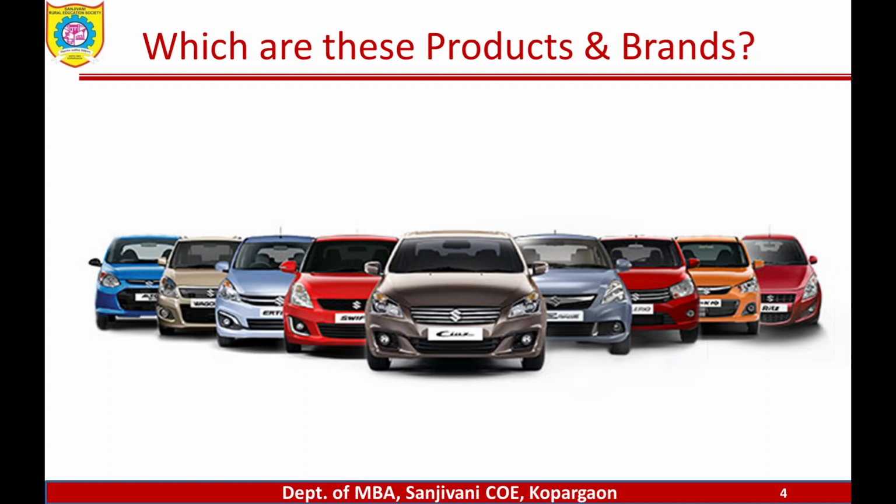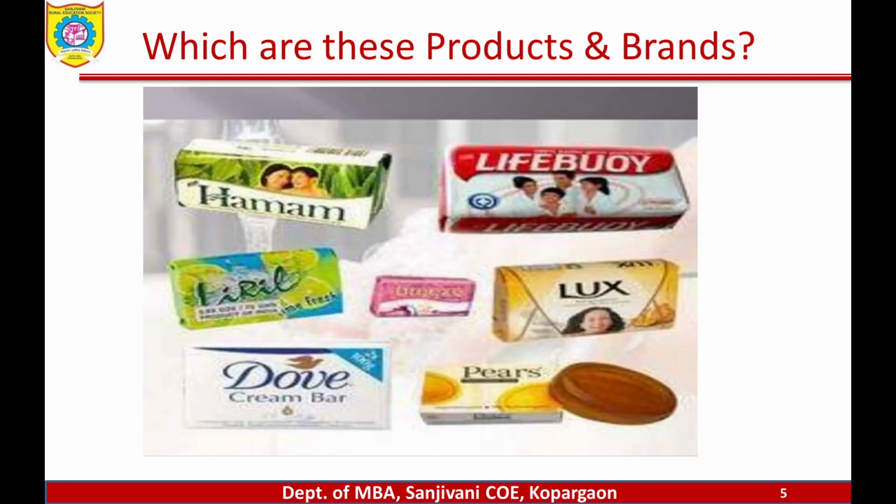You find there is Ciaz, Swift, Dzire, Ertiga, Wagon R, Alto, Brezza, and more. So why does Maruti have a range of cars from rupees 3 lakhs to maybe rupees 15 lakhs per car, with various segments, or is there any other evaluation rather than the income group? That also we have to understand: why a company has different kinds of brands in its product portfolio.